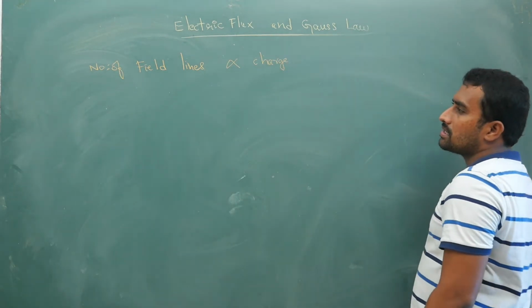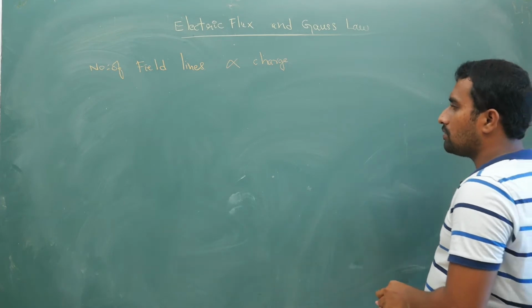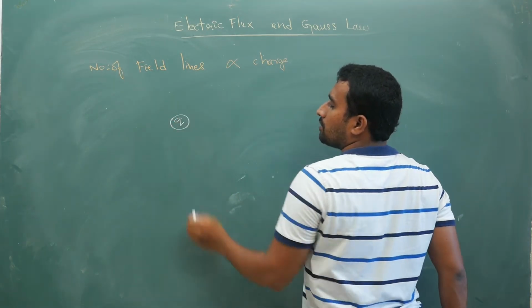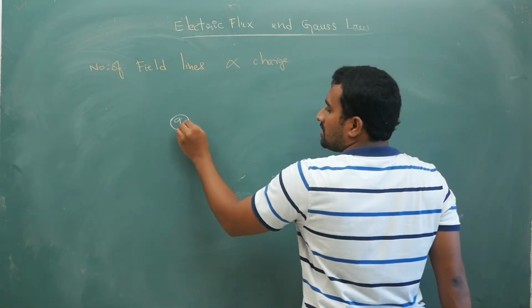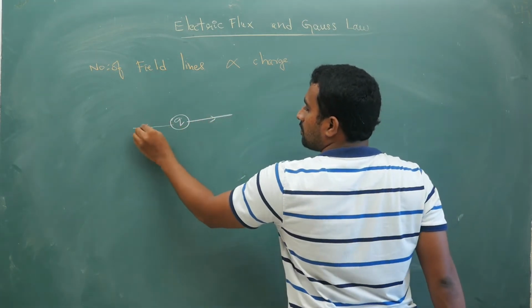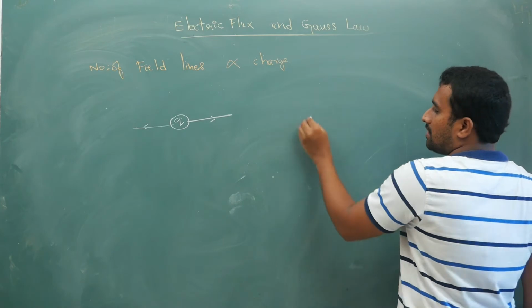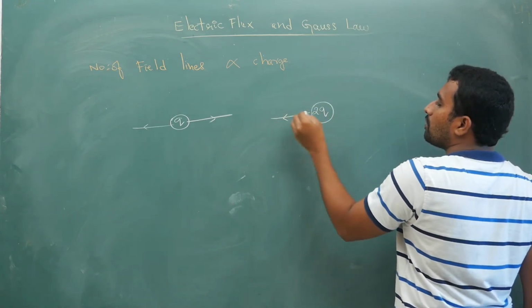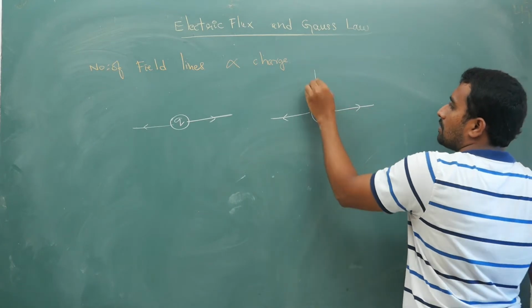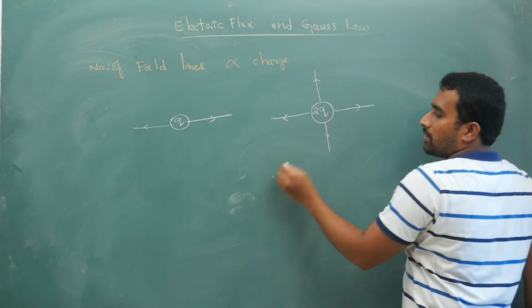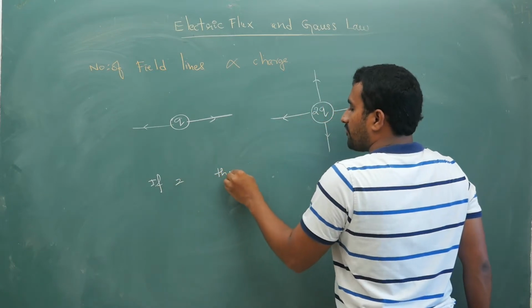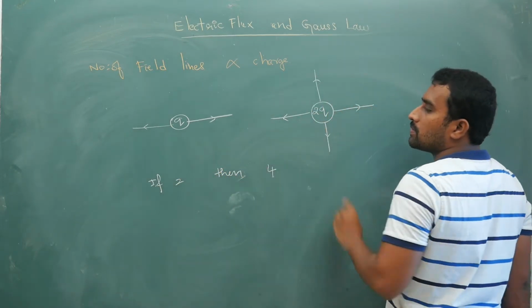For example, if for a charge q I keep two field lines, then for a charge 2q I have to keep 4 field lines like this. If 2 then 4, because of direct proportionality.